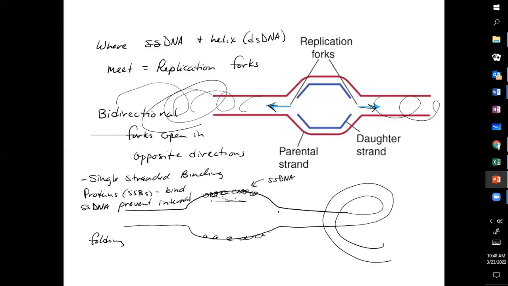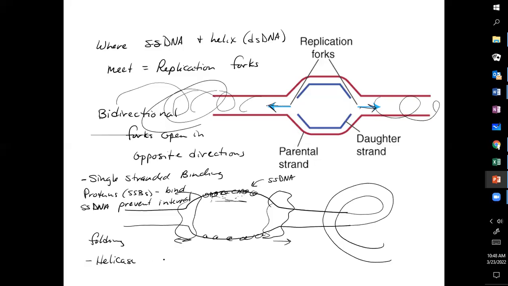And I forgot to mention as well, so let's go ahead and put that in here. There's an enzyme that continues this opening process. It's not spontaneous. There's actually an enzyme here that continues to open this, and it's at both forks. That enzyme is helicase.